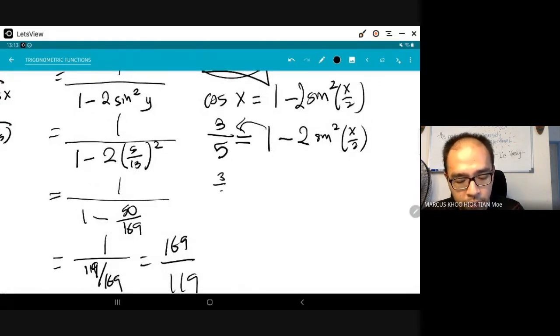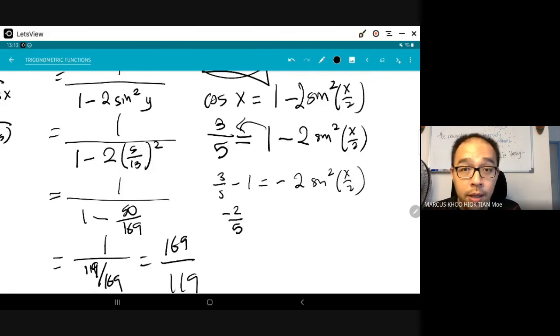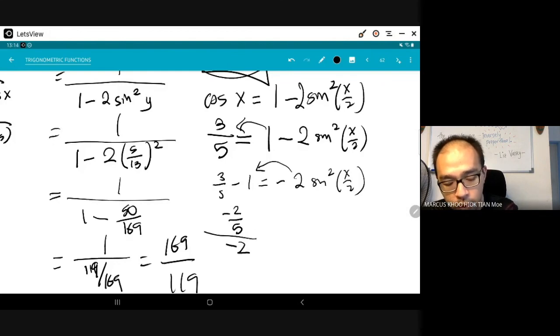So 3 over 5 minus 1 equals negative 2 sine squared x over 2. 3 over 5 minus 1 will give you negative 2 over 5. Bring the negative 2 across, so divide by negative 2, equals sine squared x over 2.